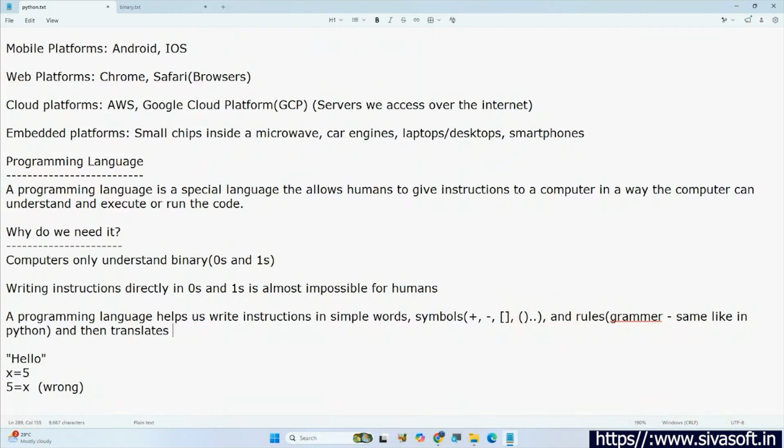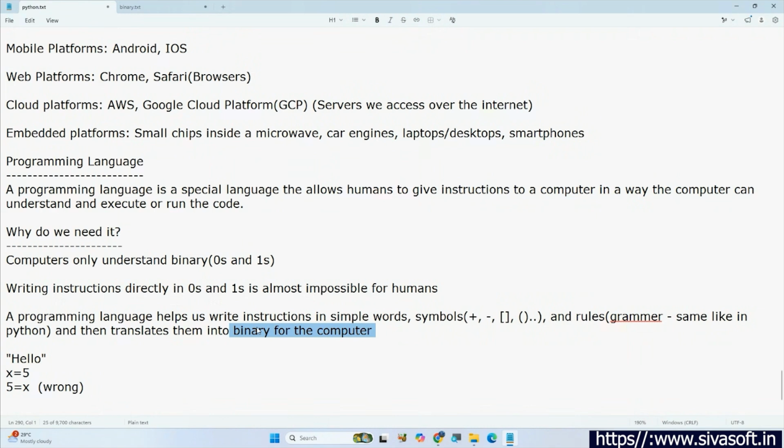Okay, and then it translates them into binary for the computer. So that means these programming languages help us with instructions. That means whatever code we are going to write, we call it instructions here. Okay, so those instructions, these programming languages are going to convert or translate into zeros and ones, nothing but binary.